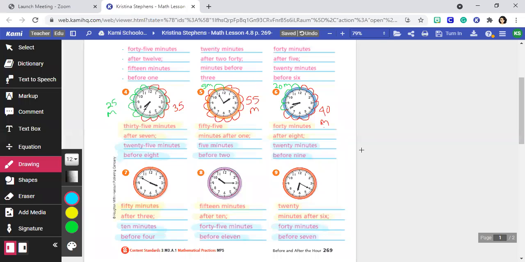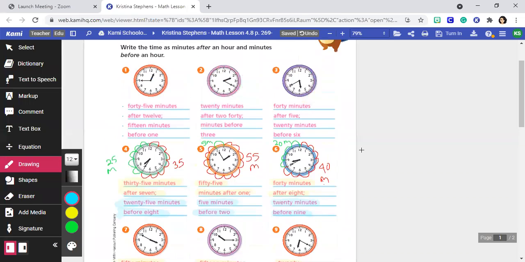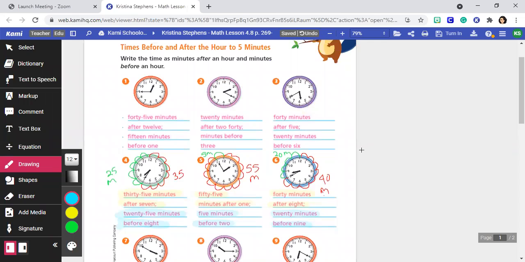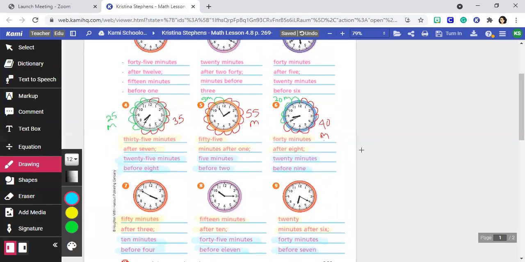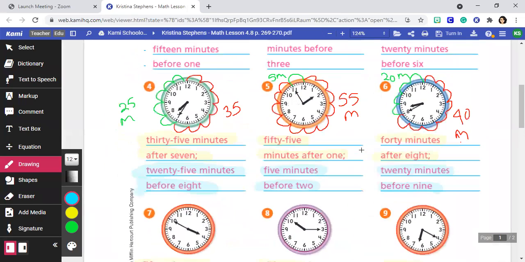Welcome back. Hopefully, you took some time to investigate this and write the time as minutes after an hour and minutes before an hour. So what I did while we were paused is I went ahead and added a few annotations to my page here.